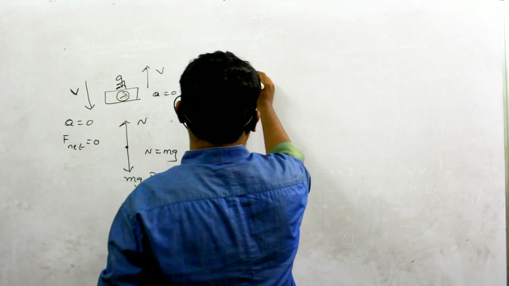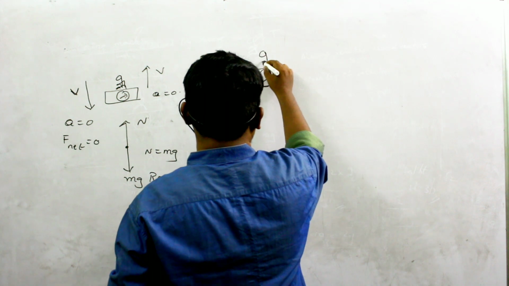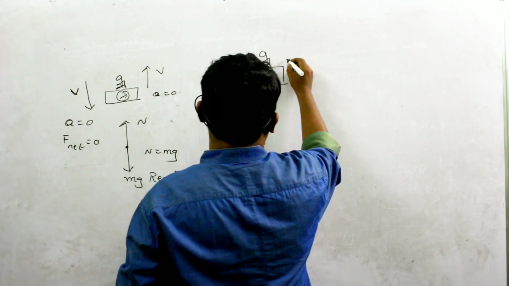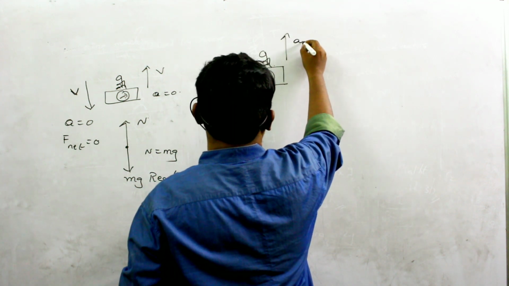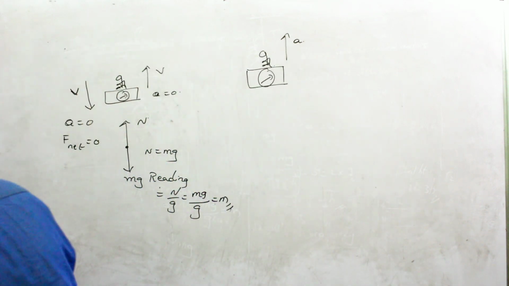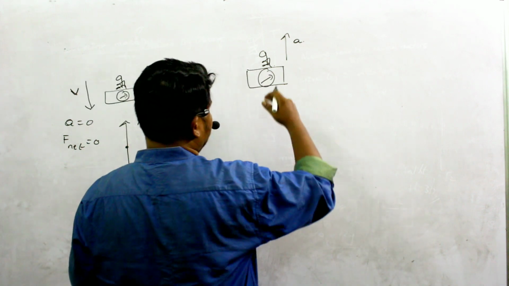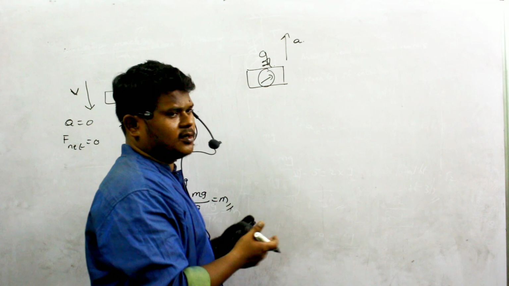For example, this is the weighing machine. Person is standing and total system is accelerating upwards with an acceleration of a here. So if total system is accelerating with an acceleration of a, definitely I can say that upward forces are greater than downward forces.